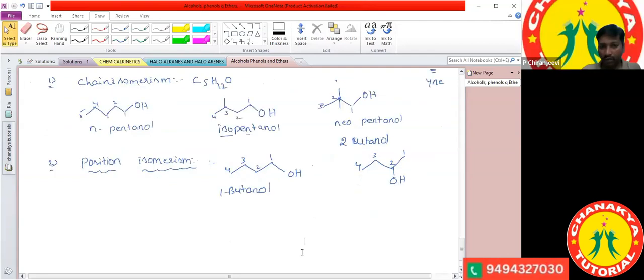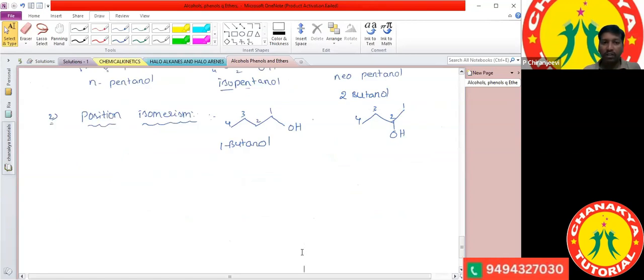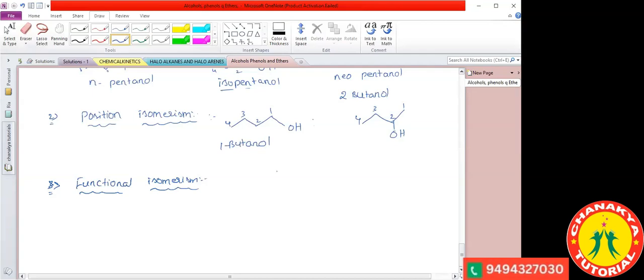Next, alcohols exhibit functional isomerism. What is meant by functional isomerism, Ritu? Same formula but different functional groups.